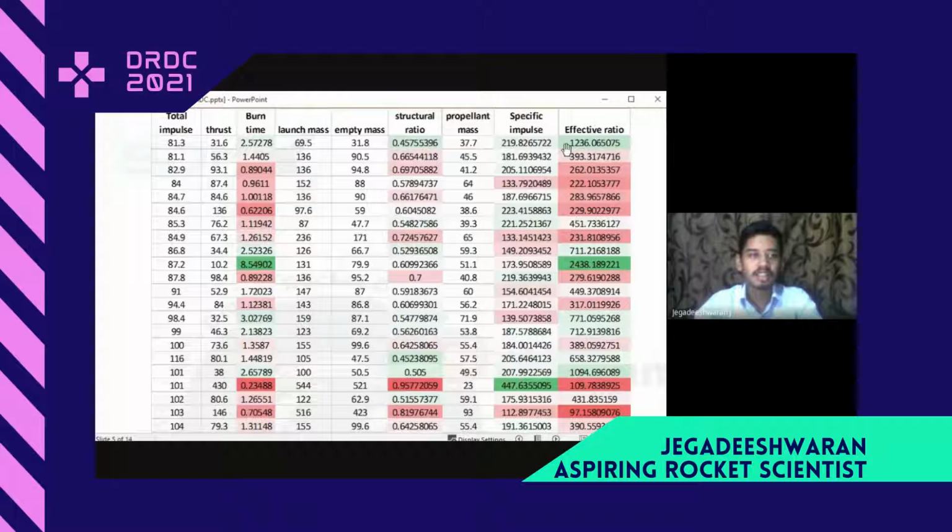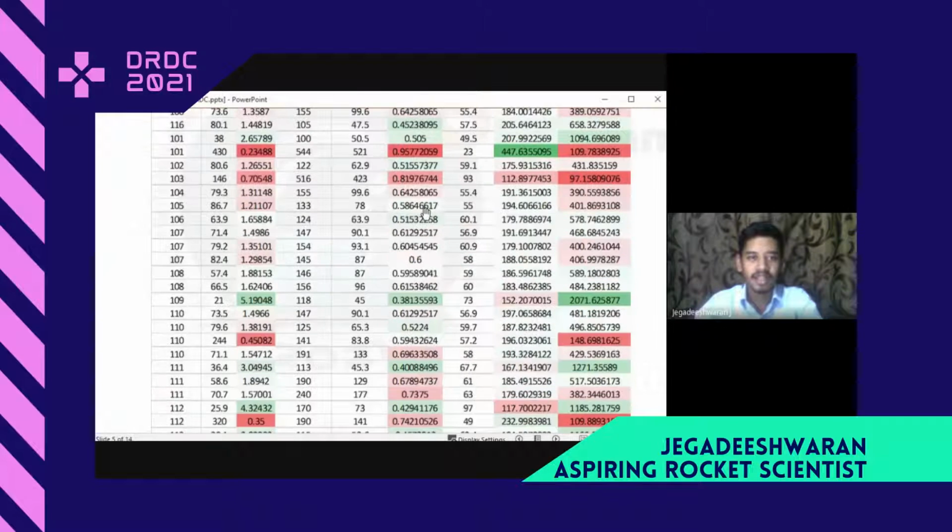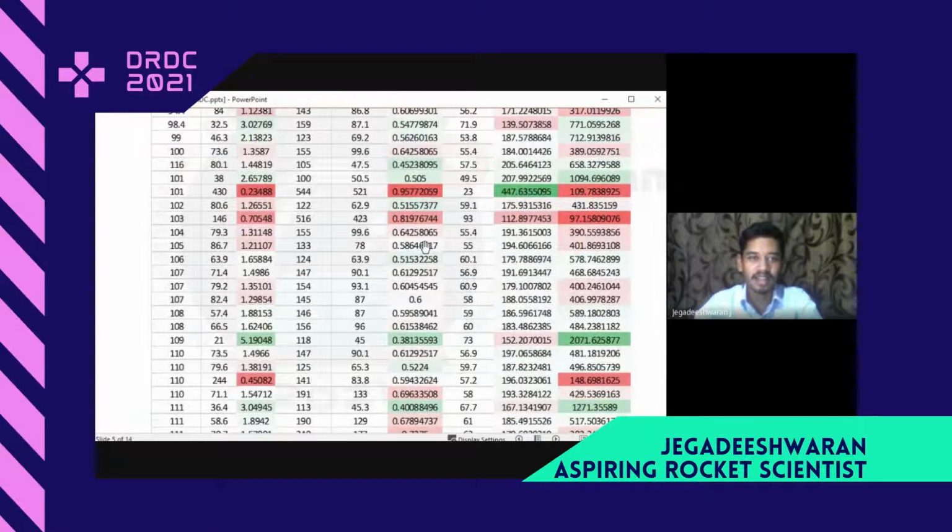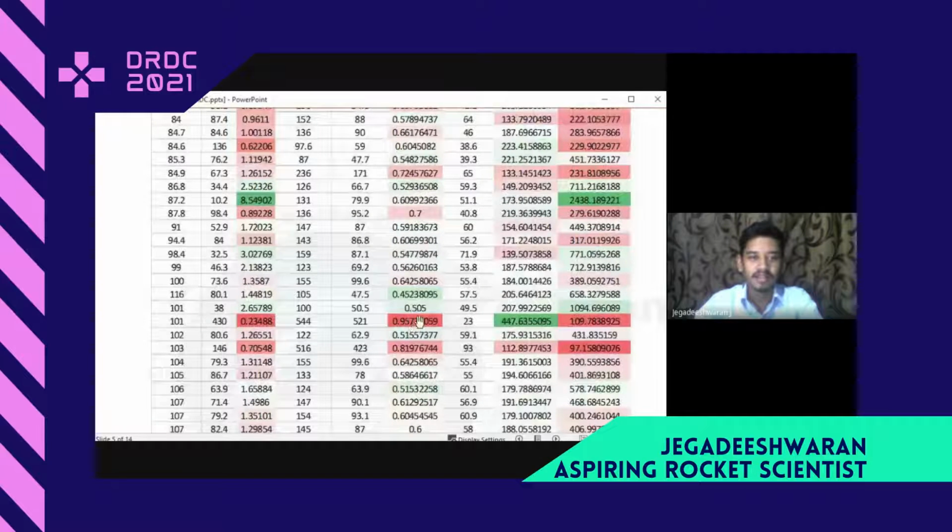I will tell what it is. These details are available in OpenRocket, right? The structural ratio should be very less. So green implies it is very less, and red means it is very high.